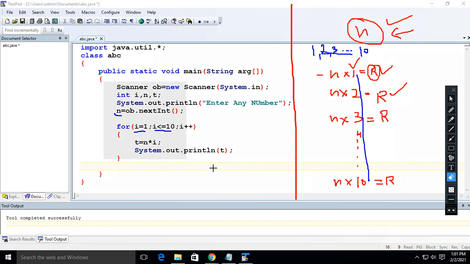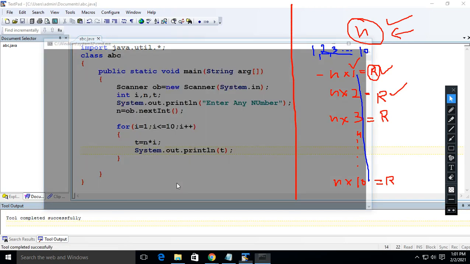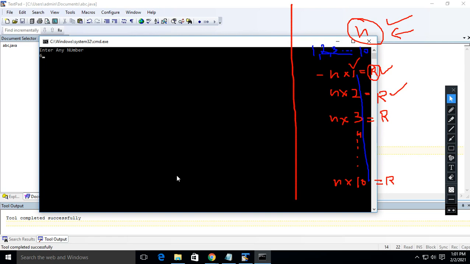Chaitanya Singhal, the logic is clear? Yes, sir. Now see, after executing, first of all you will get the message, enter any number, and after that we will get the table of 6 till 10 terms. Am I clear, everyone?